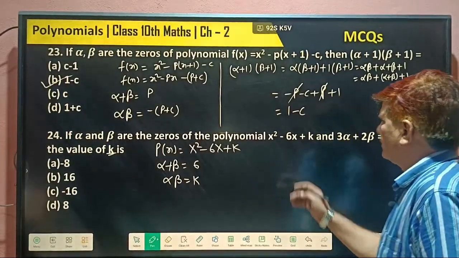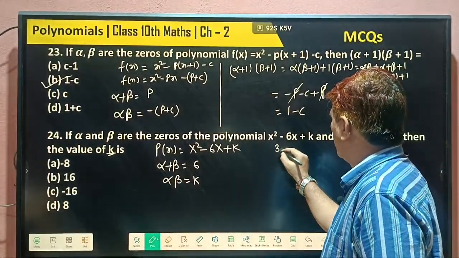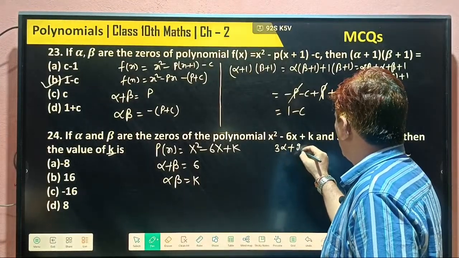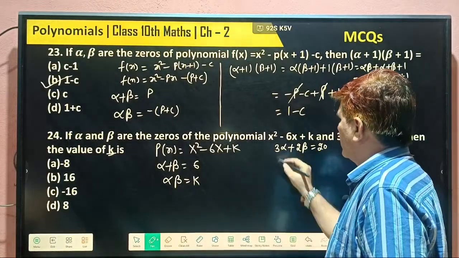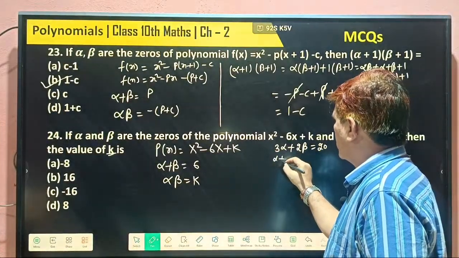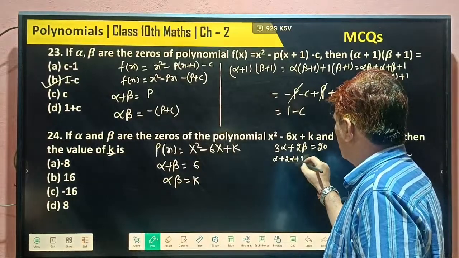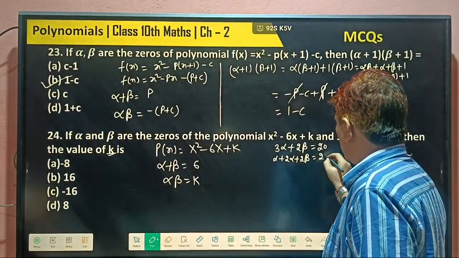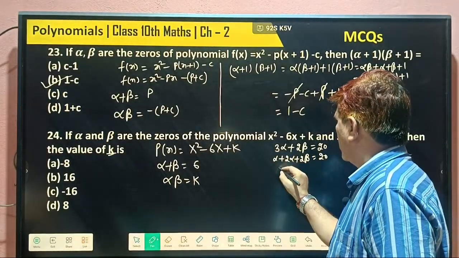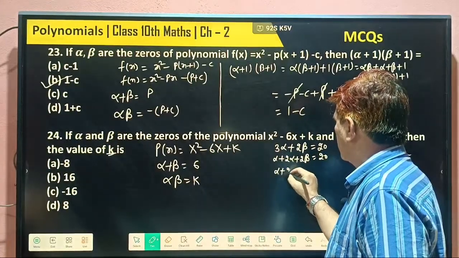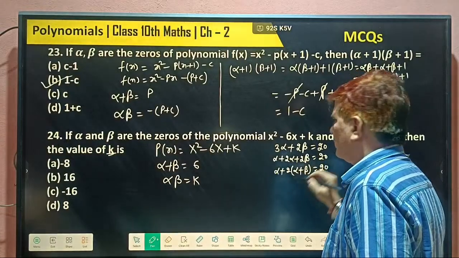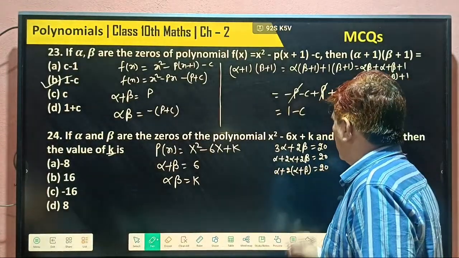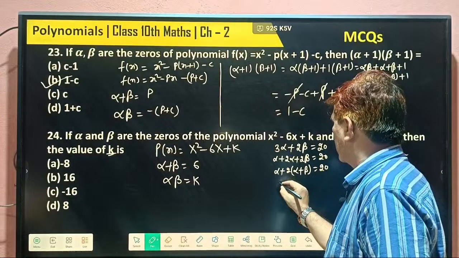So what's given? 3 alpha plus 2 beta is equal to 20. So I can write this as alpha plus 2 alpha plus 2 beta is equal to 20. So it is alpha plus 2 into alpha plus beta. This I told you. What's the value of alpha plus beta? 6.